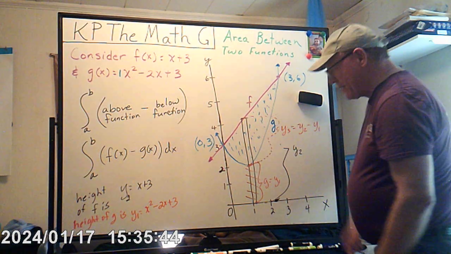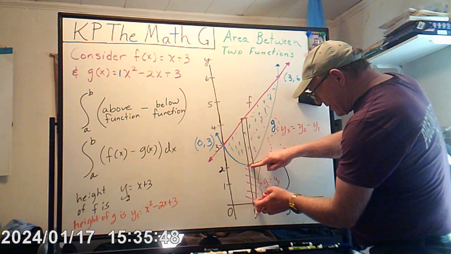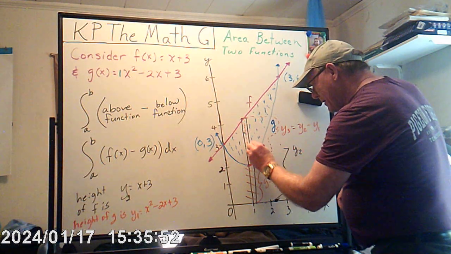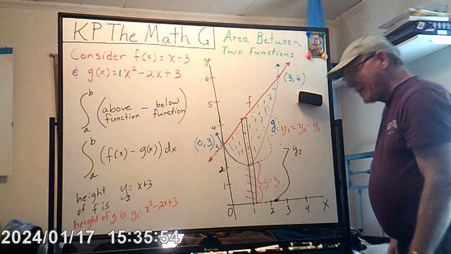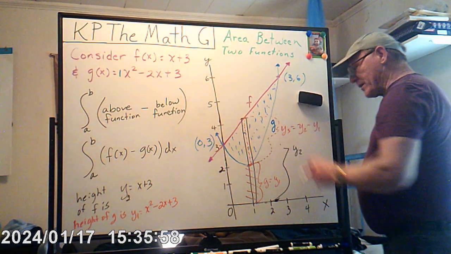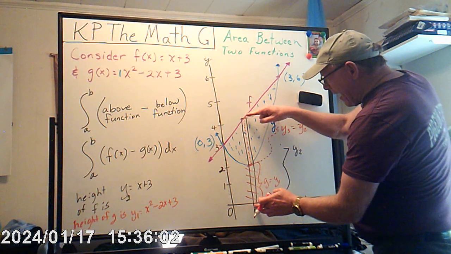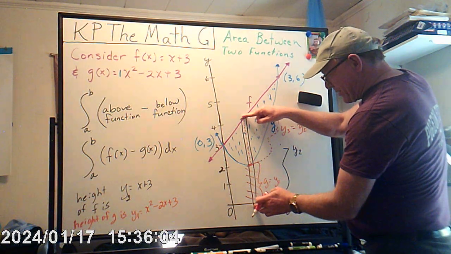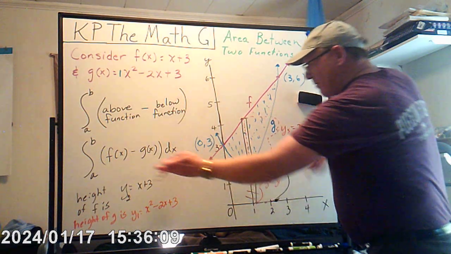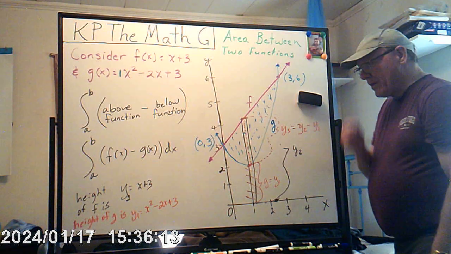Does that make sense? The entire height minus this height here is this inside here. Well, my subinterval will be inside, in between the two functions. So the entire height is F. This height here is G. So F minus G. That's what I'm doing.